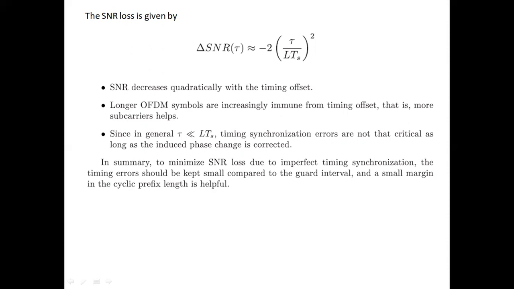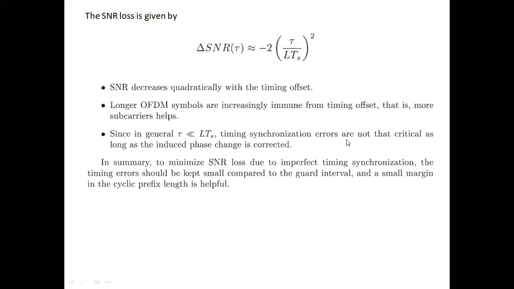If your timing synchronization is not matching, reduce the speed. That means more subcarriers: instead of going for, say, 1024, you go for 2048. It should be much better. But then there are other problems. We will see what they are.